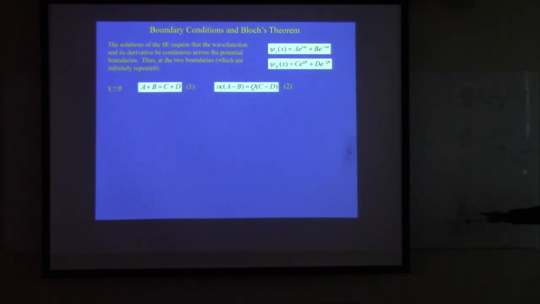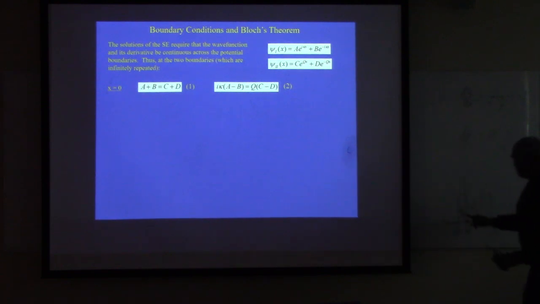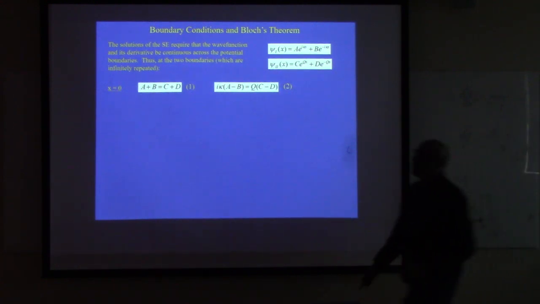We know how to put x equals a in psi 1, but psi 2 is not valid in this region. Then what can we do? You can use the Bloch theorem. Psi 2 at this point is the same as psi 2 at this point minus b times e to the i k a. So you can use this equation.